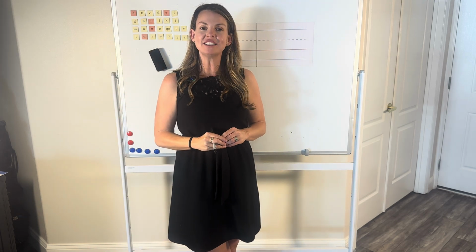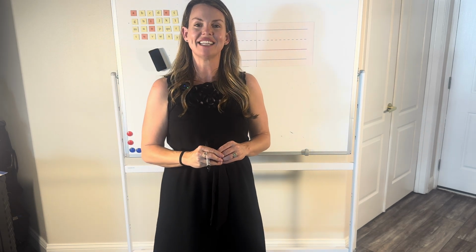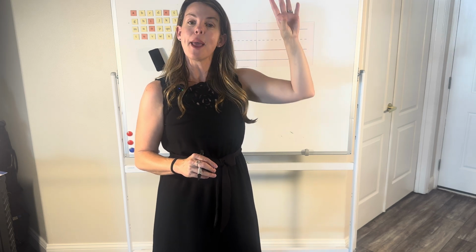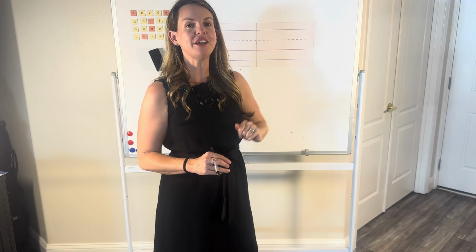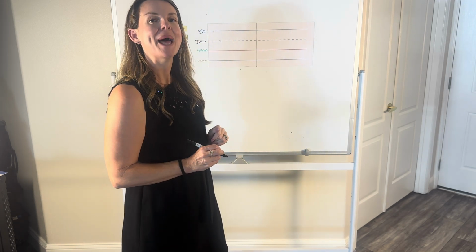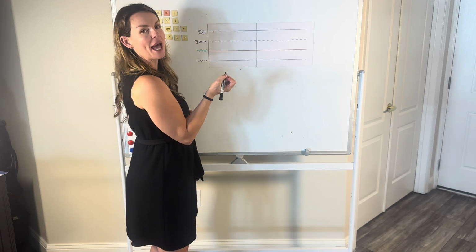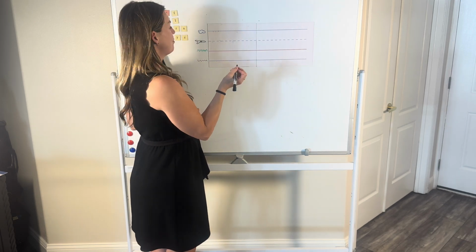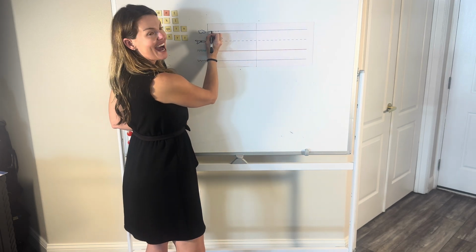Erase that word so we can write the next one. Tap out the sounds for the word bid. B, I, D. Bid. What sound do you hear at the beginning of the word bid? B. What letter spells B? B starts in the sky.